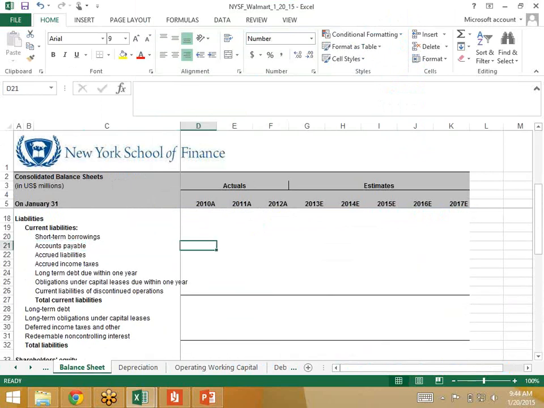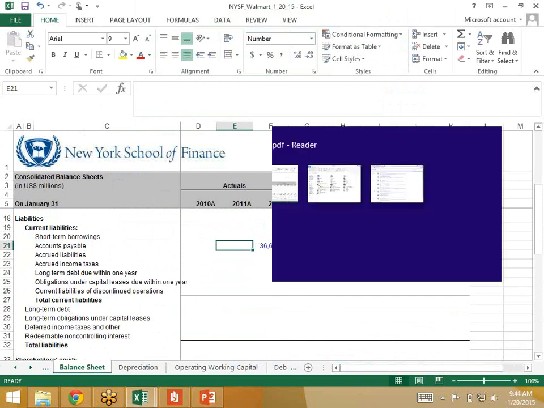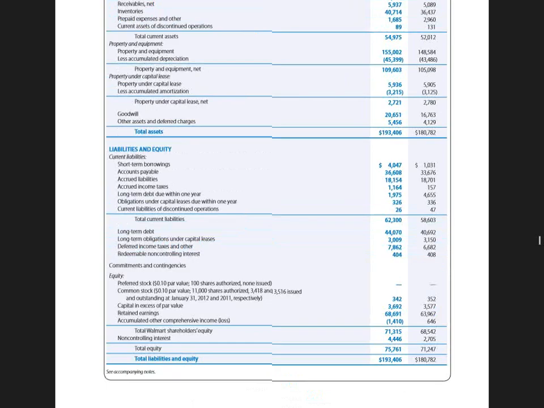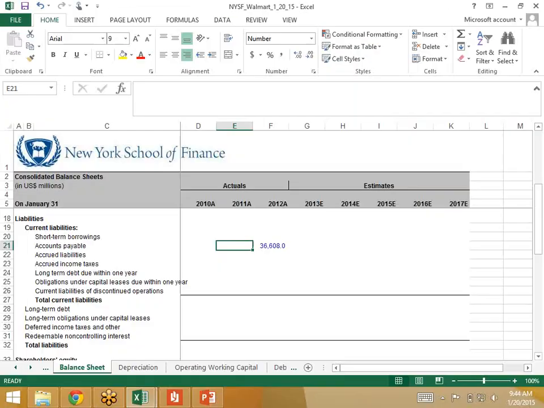We're going to go down to row 21, 36608, and 33676.